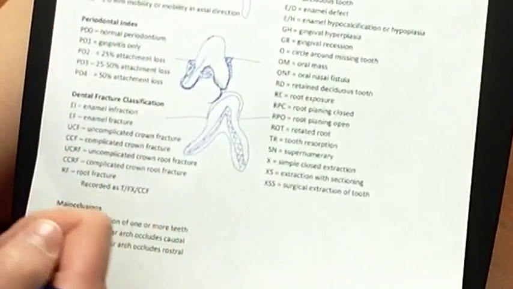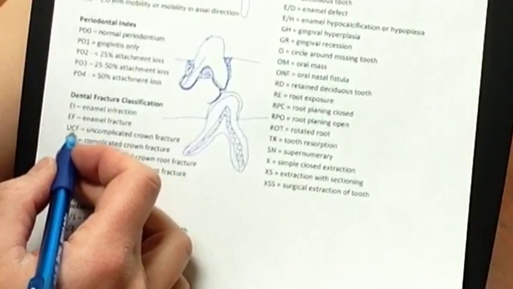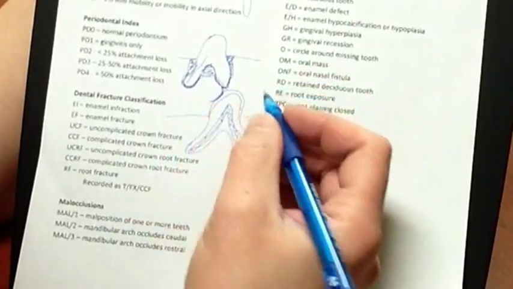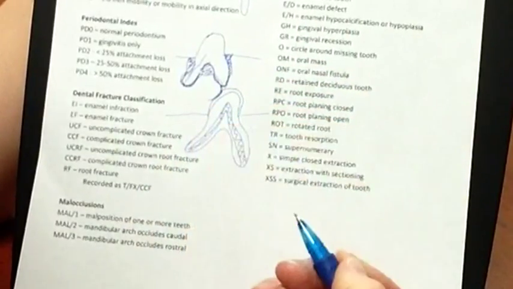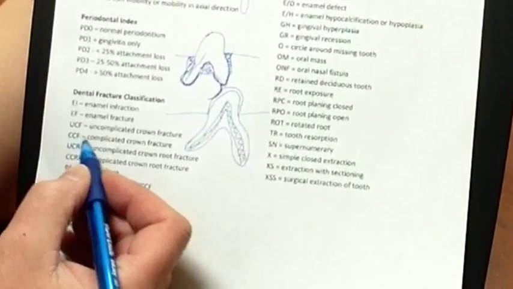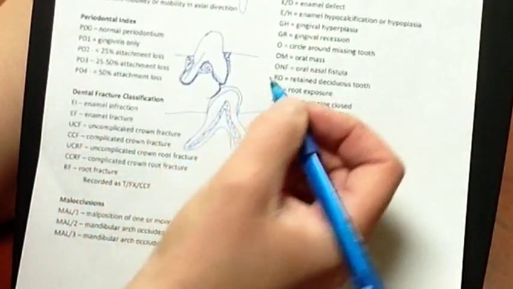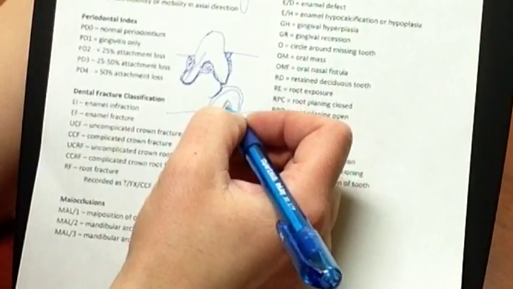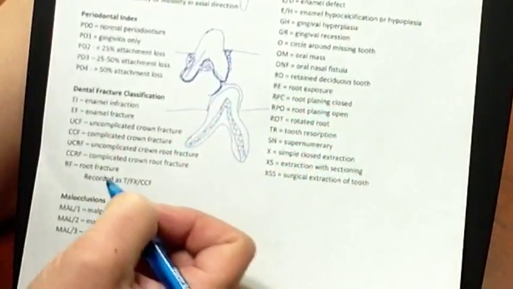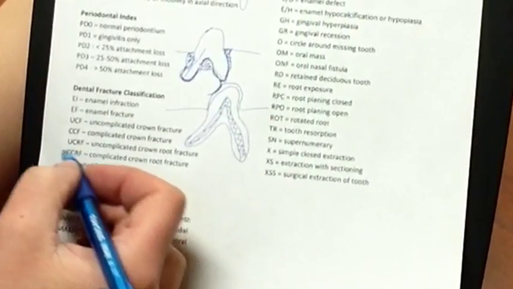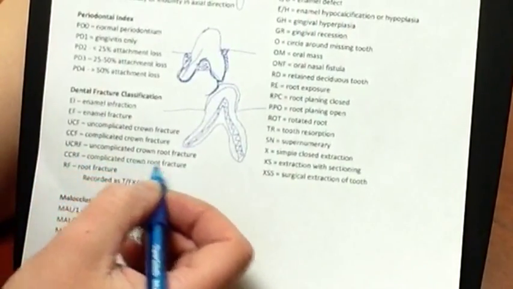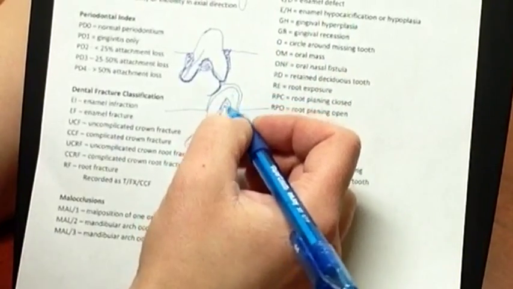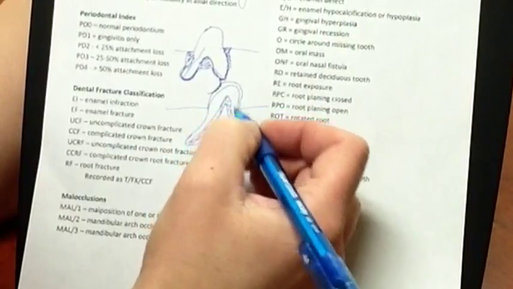Moving down the chart, if we have an uncomplicated crown fracture, that means our fracture extends into the enamel and dentin. If we have a complicated crown fracture, our fracture goes through the enamel, the dentin, and the pulp. Going down the chart once more, a complicated crown root fracture. Now we're going to have a fracture that involves enamel, dentin, and pulp, and part of the root.